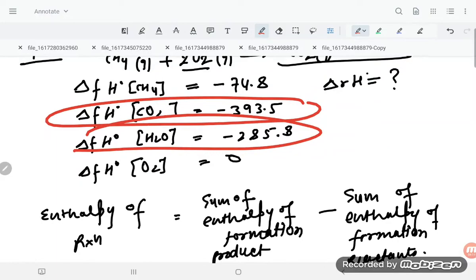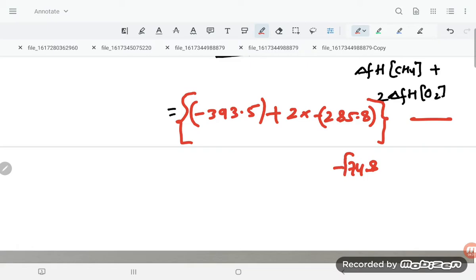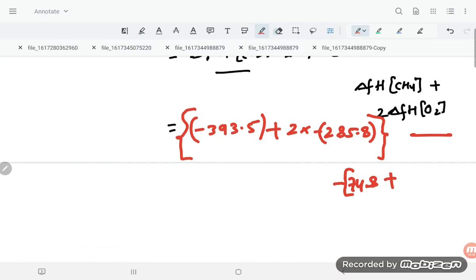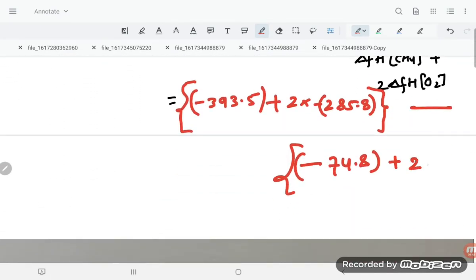Wait, students, sometimes we can make mistakes easily. In this formula the 74.8 will be there, and another thing is oxygen. How many are there, students? You can see in the equation, 2, so multiply by 2, and the enthalpy of formation there is 0, multiply by 0.